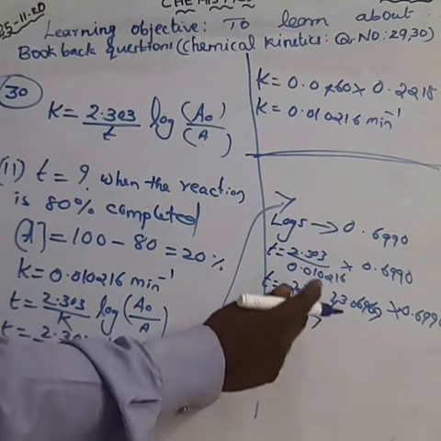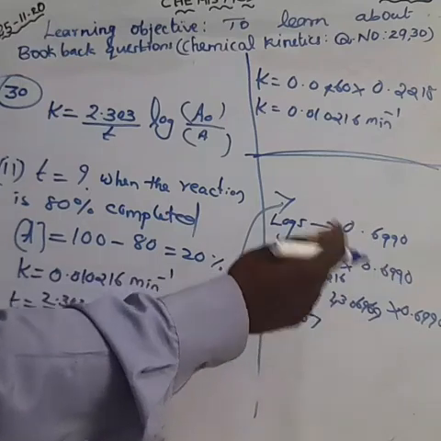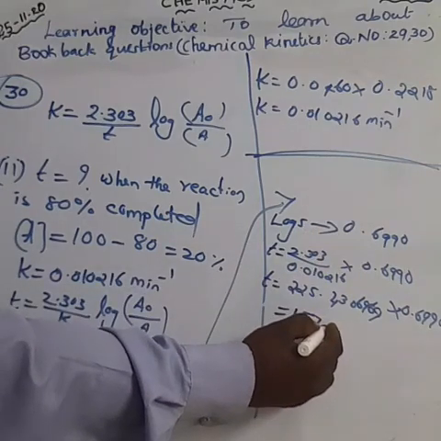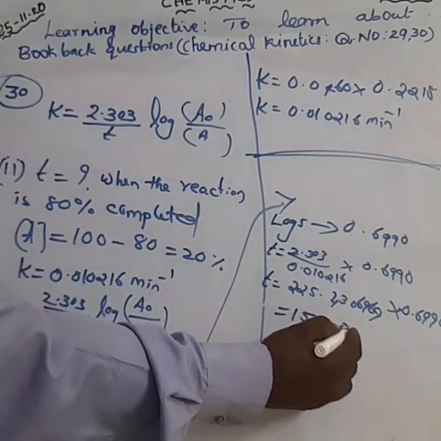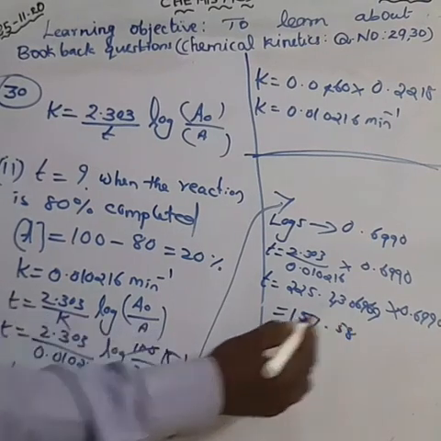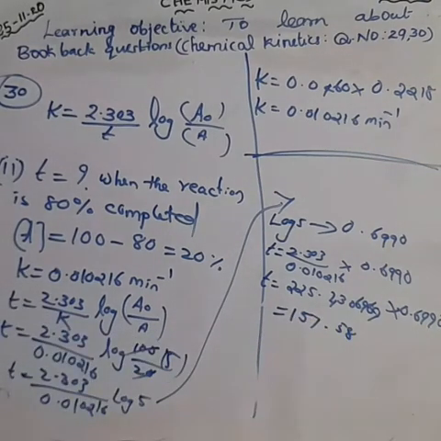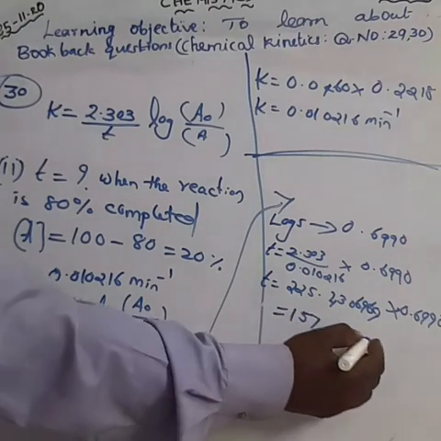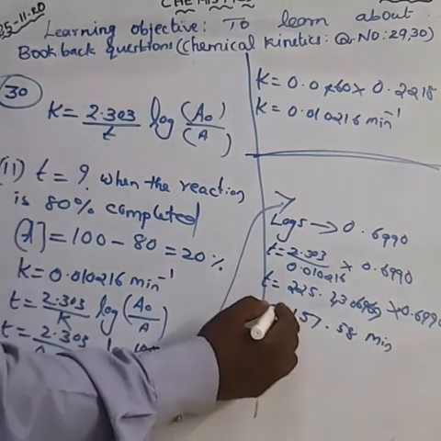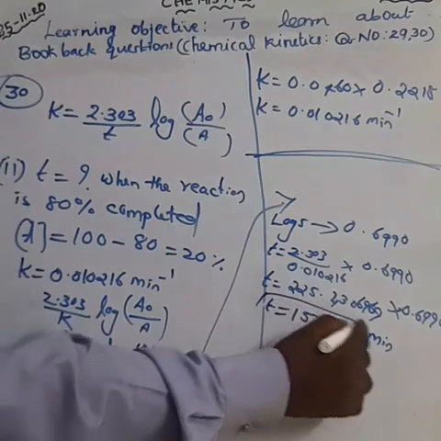When we multiply both, we get approximately 157.58 minutes. This is the T value.